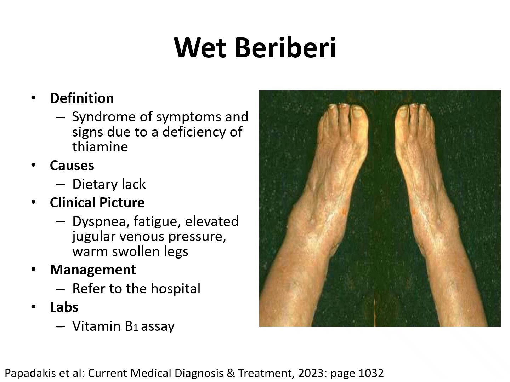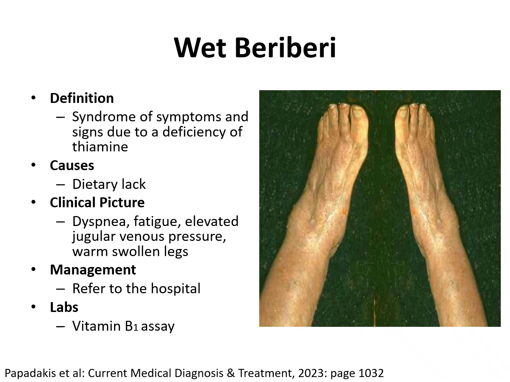The other form of beriberi is dry beriberi, which is peripheral neuropathy and skin rash. In wet beriberi, the classic clinical picture is dyspnea, fatigue, elevated jugular venous pressure, warm, swollen ankles.